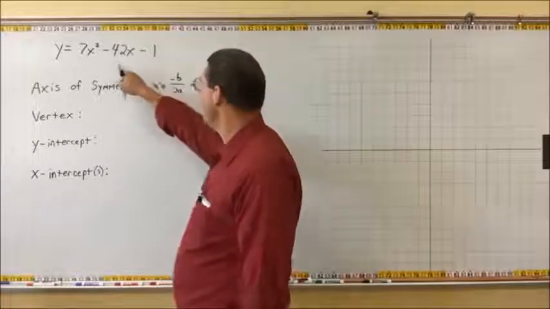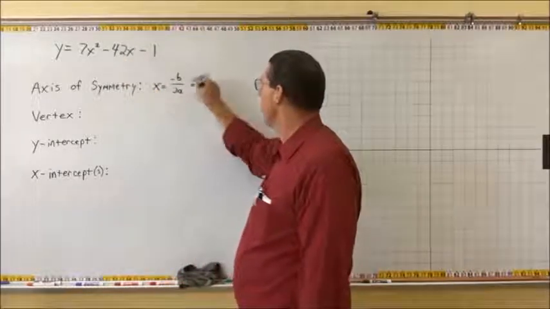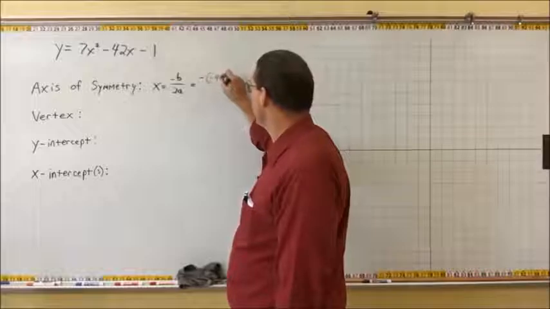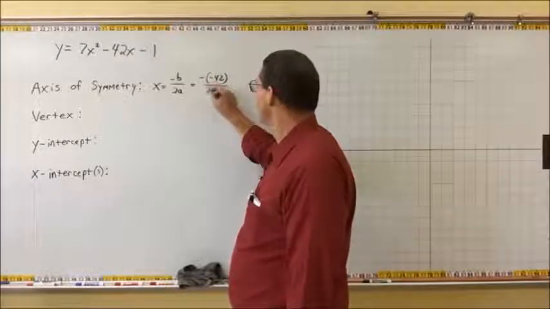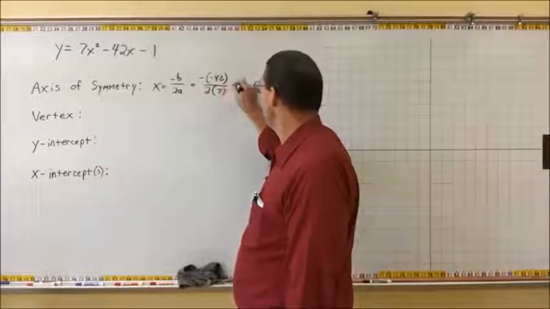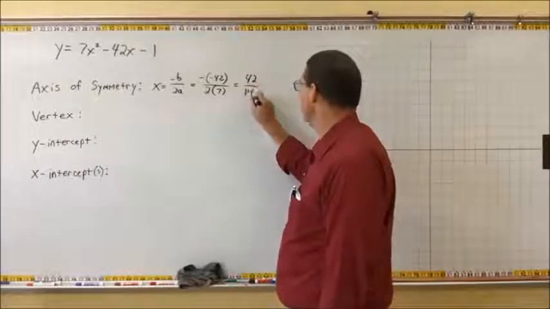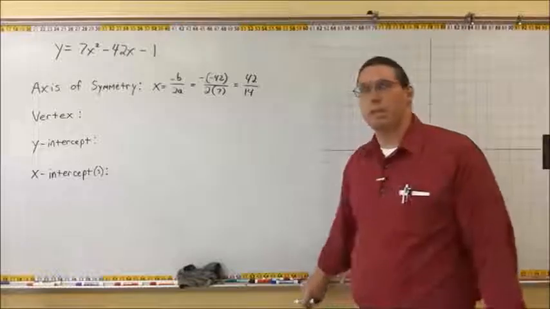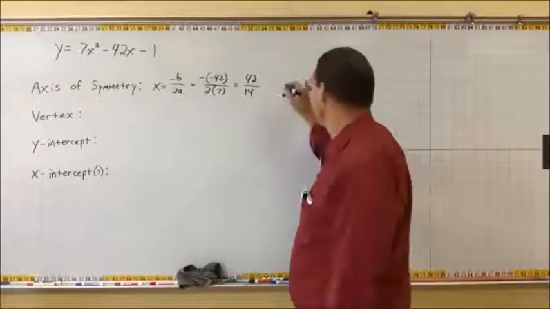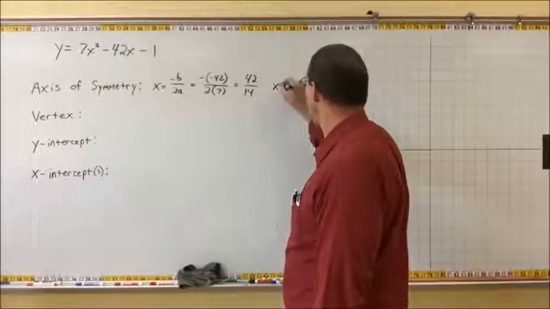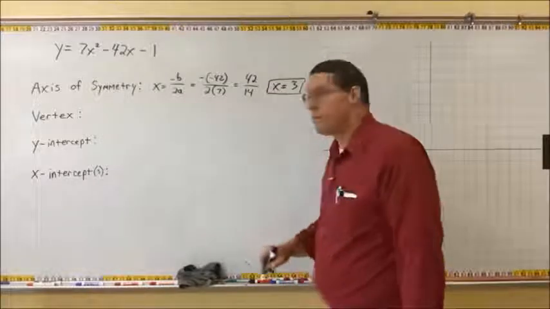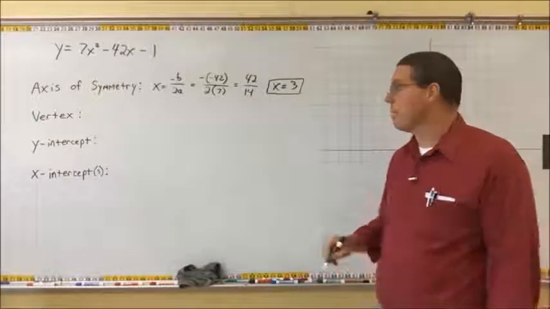In this case, b is -42, so that's 42 over 2 times 7. 2 times 7 is 14. Well, 42 divided by 14 is 3. Okay? So we've got x equals 3. So the axis of symmetry is at x equals 3.